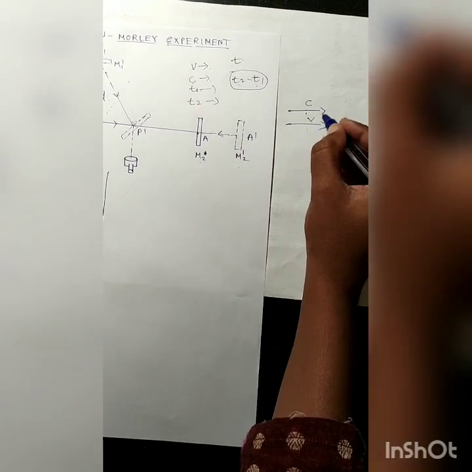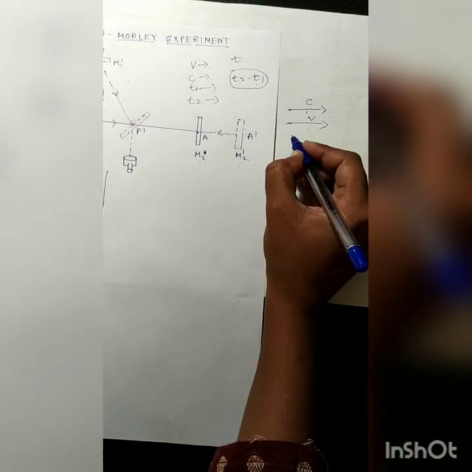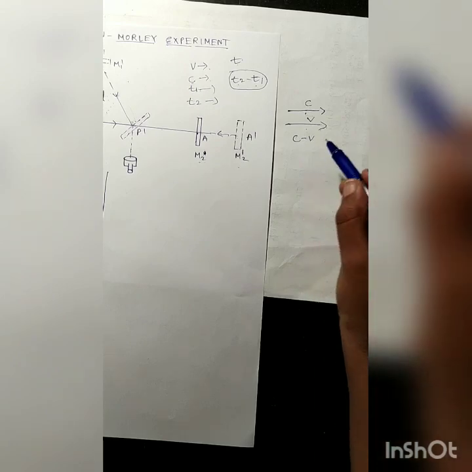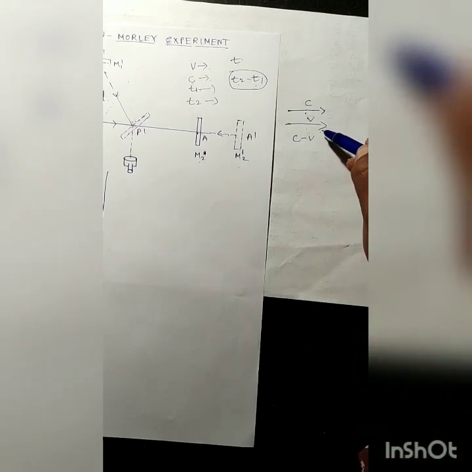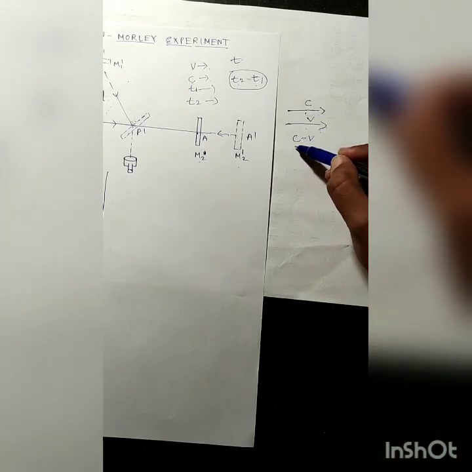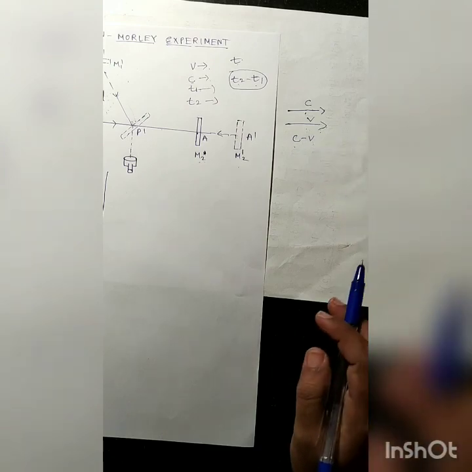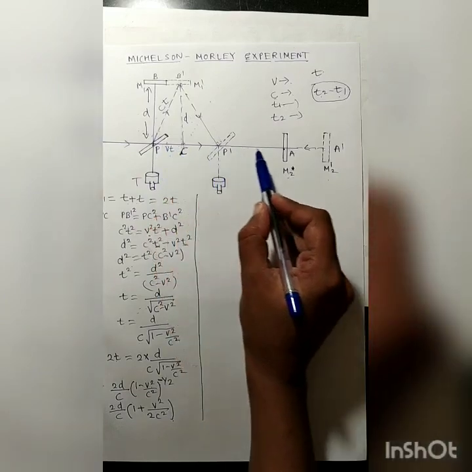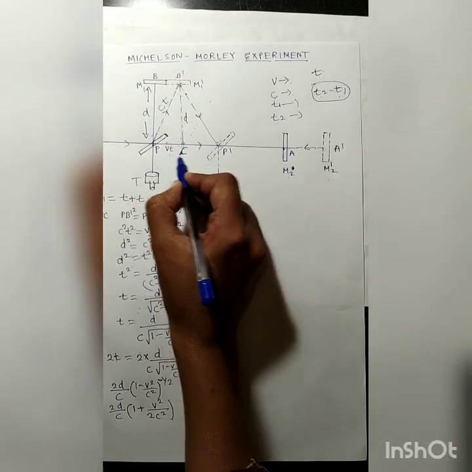That's why the relative velocity becomes c - v, because both are in the same direction. If both were in opposite directions, we would have got plus v. But as they are in the same direction, the relative velocity becomes c - v.